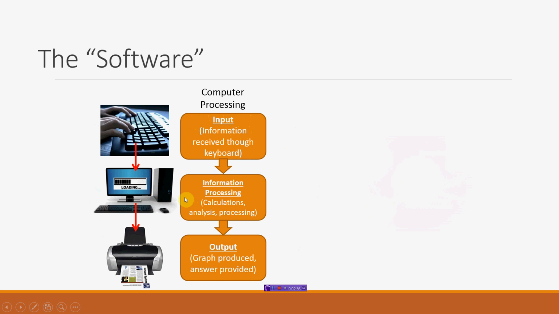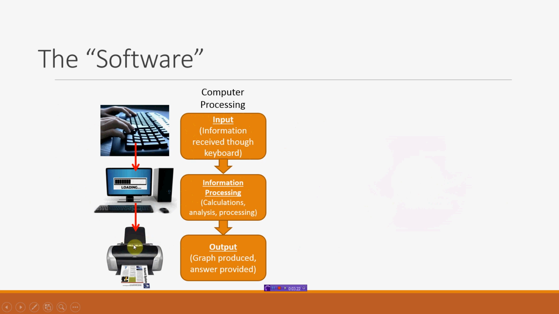The information processing part, like the processor, would then make calculations. They would analyze and process this information in order to make some type of output. So in this part, it could be that you write some type of code that makes the computer do something. And in this part, the processor executes that code in order to then have some type of output.